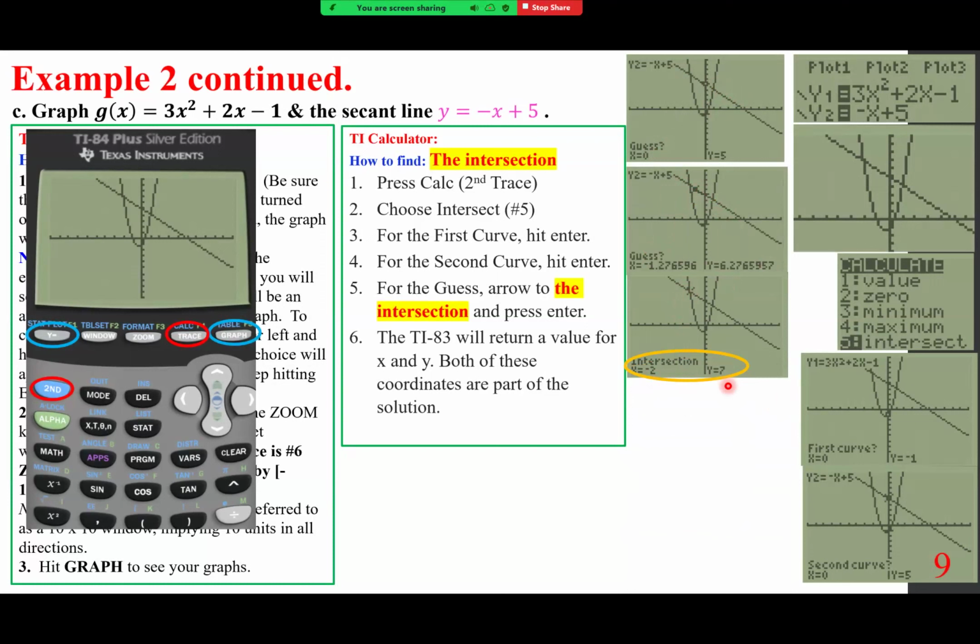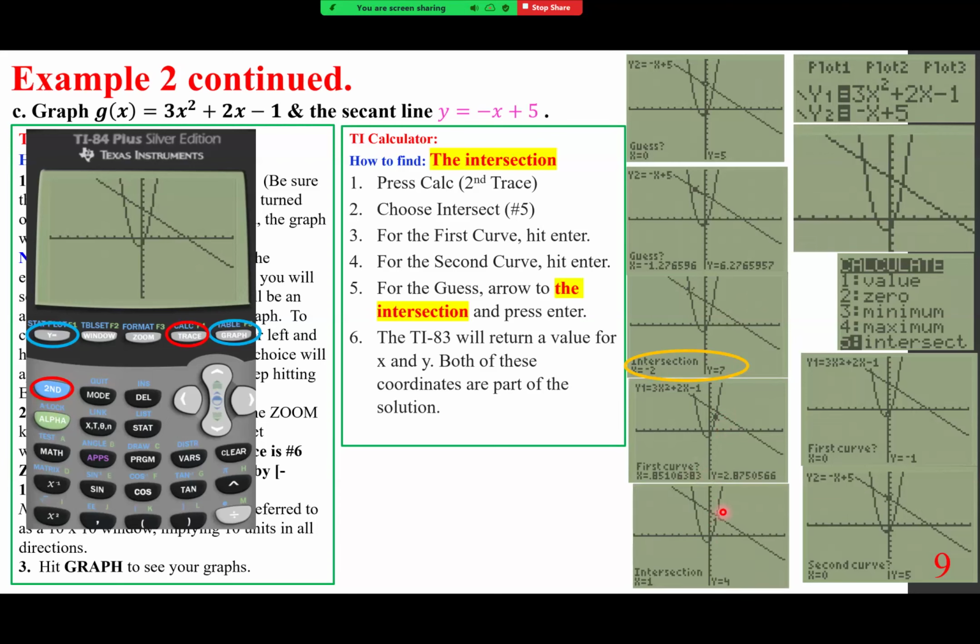I repeat that and I move it towards the other one. As I move it, it says first curve, enter. It takes you to the next intersection and it gives you 1, 4. And of course, it's a more precise graph, a bigger graph to understand. So that's how the graphing calculator will return the answer for you.